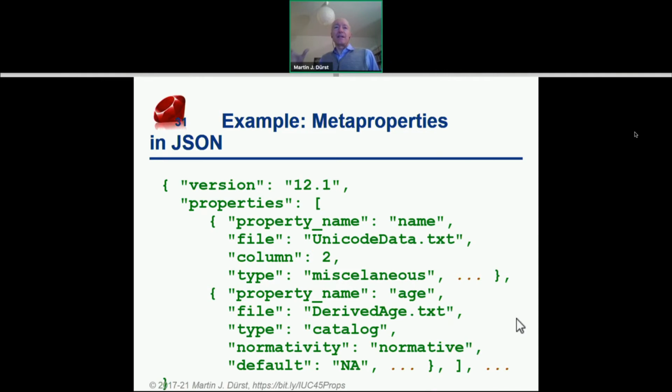And then the data can be reused. Maybe you have to go through all the versions and see, well, there's some commonality, so this property must be this type.